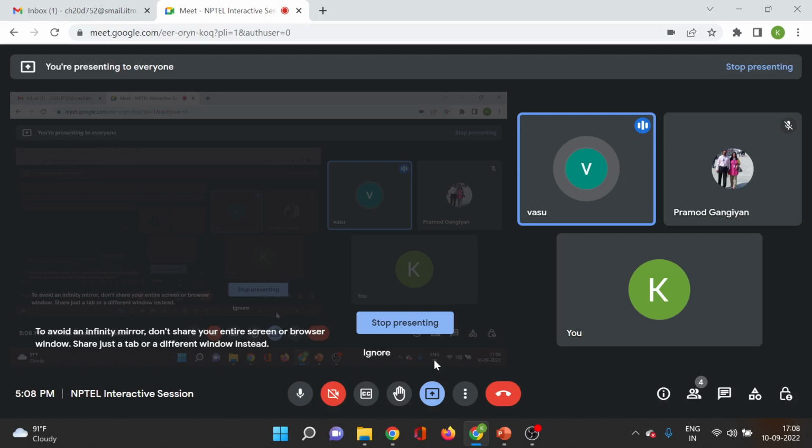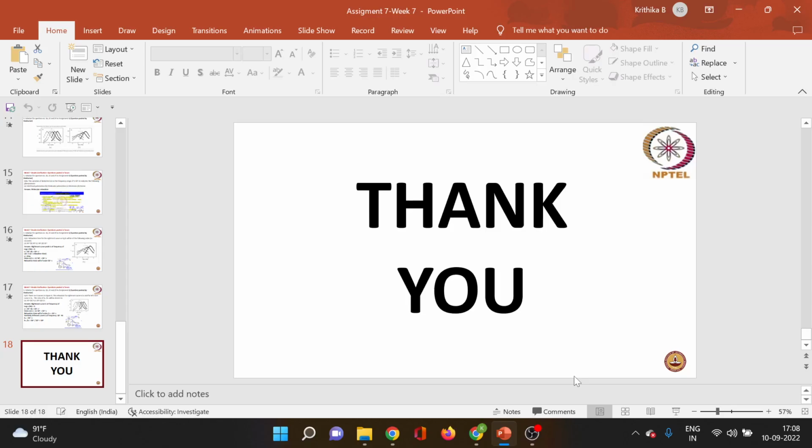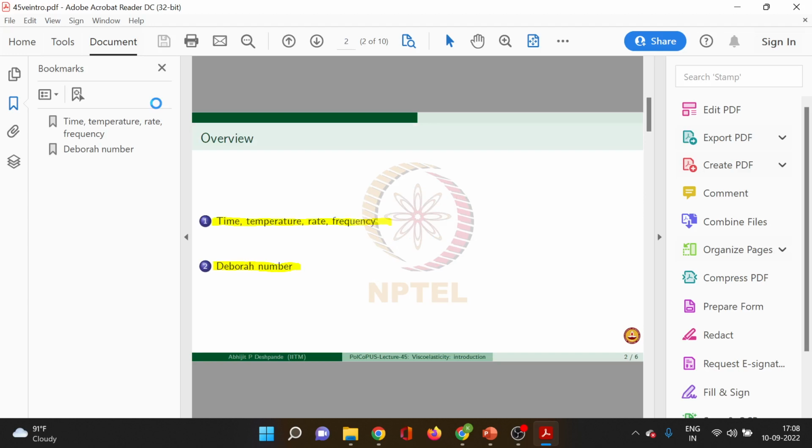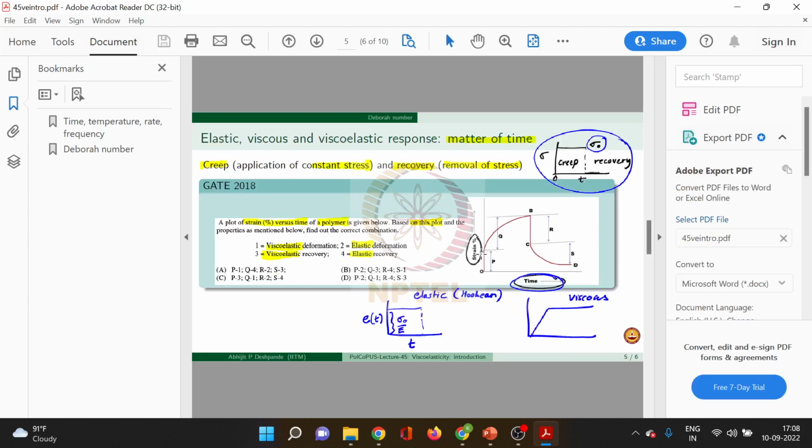One second, let me go into that. This one you're asking? See, what happens is that they have given a plot of strain versus time.